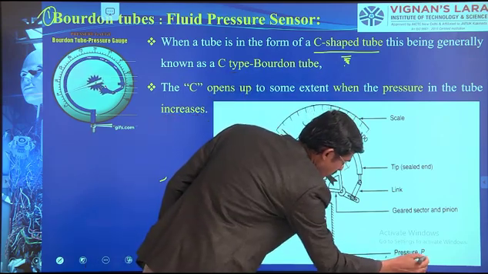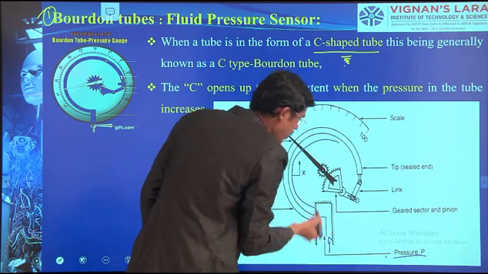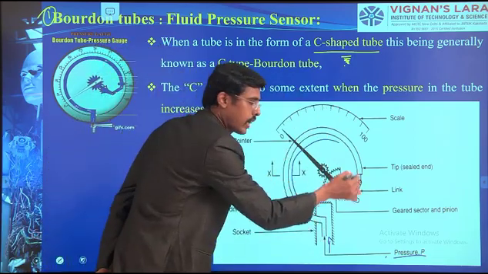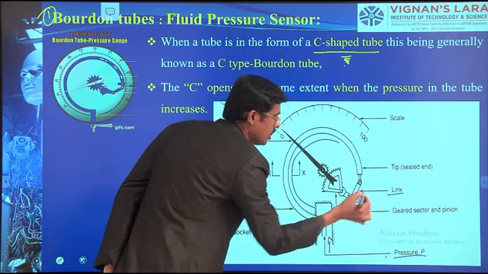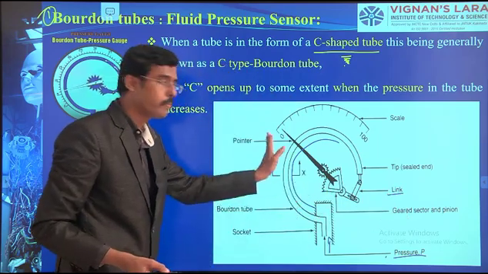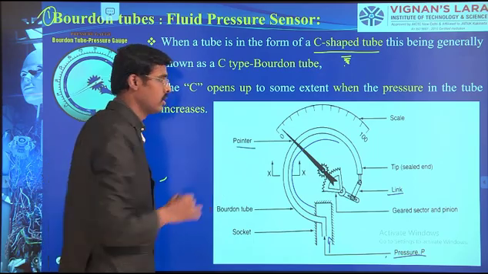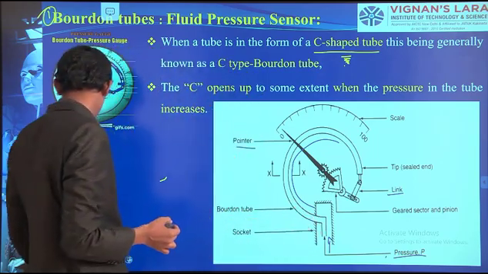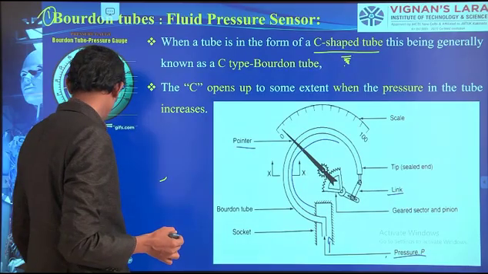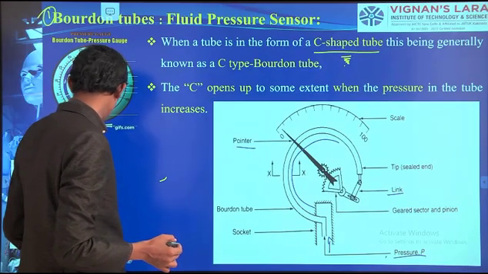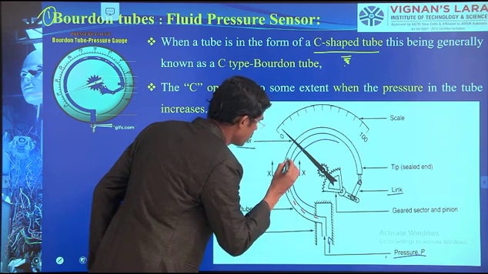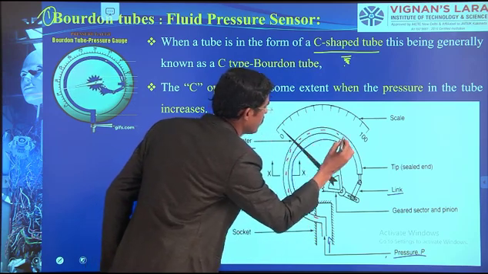See, the pressure comes here. We are applying the pressure and it goes into the tube. And this end of the tube is connected through a link mechanism to the pointer. So when the liquid flows inside, if the liquid flows here like this, what happens?